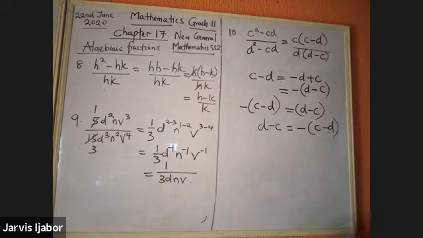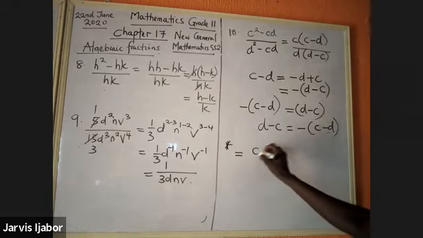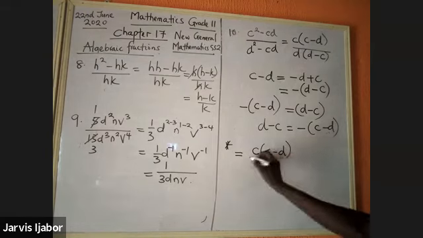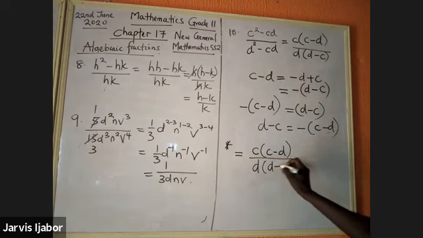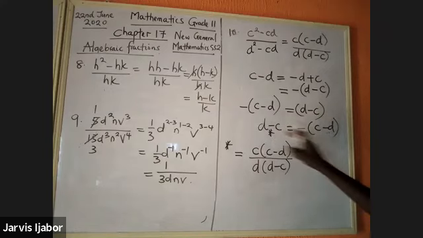So now, I will mirror it to this problem I have here. Look at what I had initially. I had c into c minus d over d into d minus c. But what is d minus c? Look at it. D minus c is this.